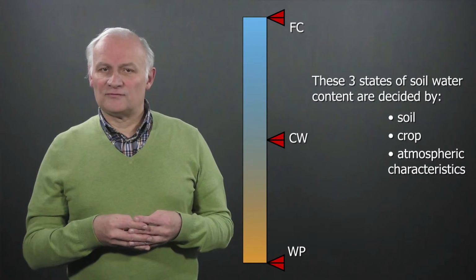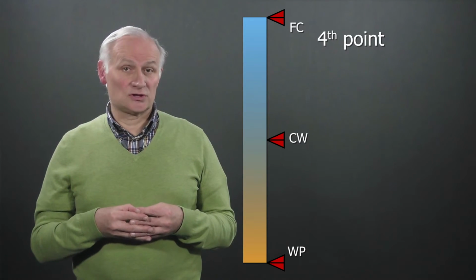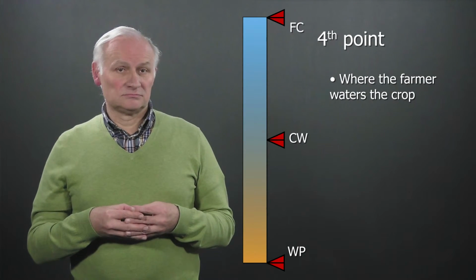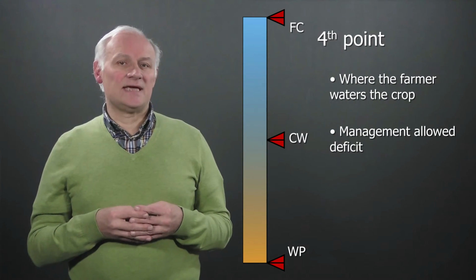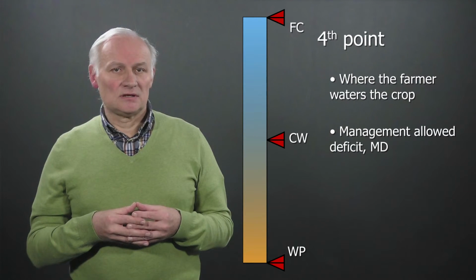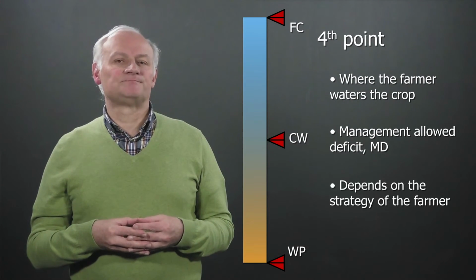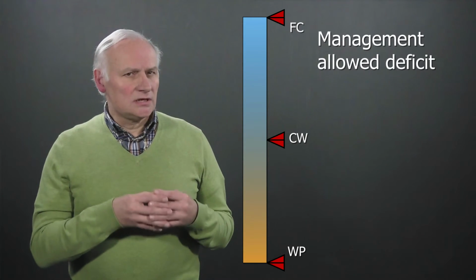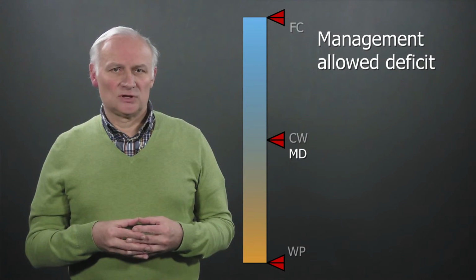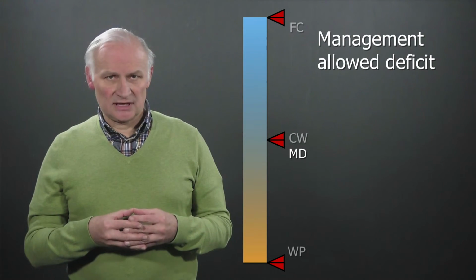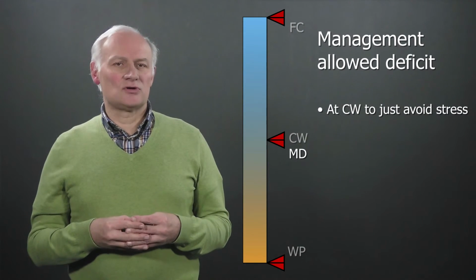With these in mind, the 4th point is the one at which the farmer actually waters the crop. We call it the management allowed deficit, MD, and very much it depends on the strategy of the farmer. MD could be equal to CW if the farmer wishes to irrigate just at the point before the stress occurs.